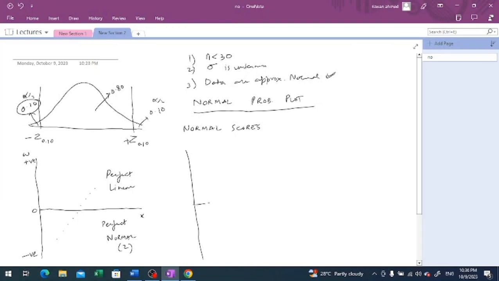Another possibility: instead of getting an exact or perfect linear pattern, we may get this sort of graph. This is not exactly linear, but approximately linear.